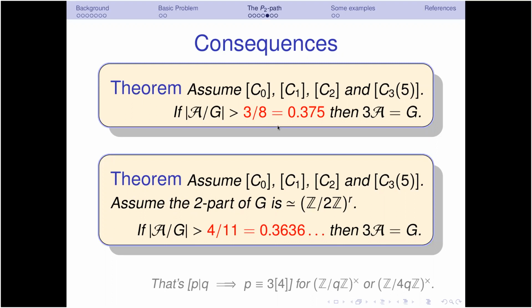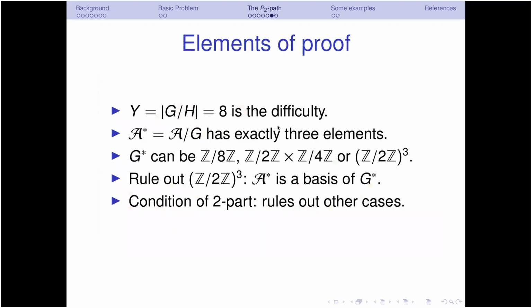We have some conditions on Q for which this will work. So why is it? I told you that G star can be only one of these 3 groups, yes? And because of our condition, the only one we can have is Z by 2Z cubed.